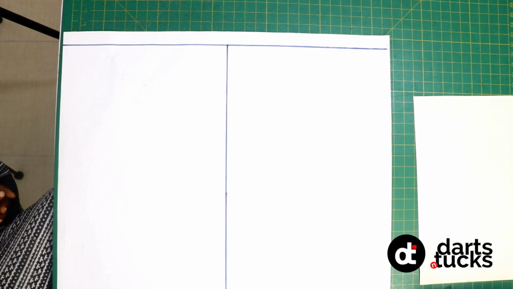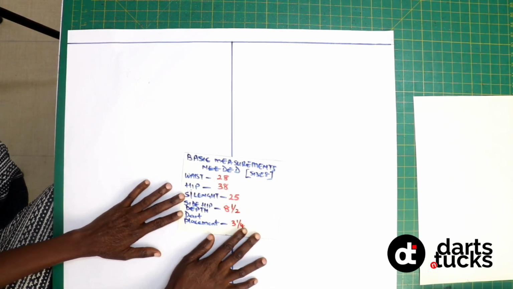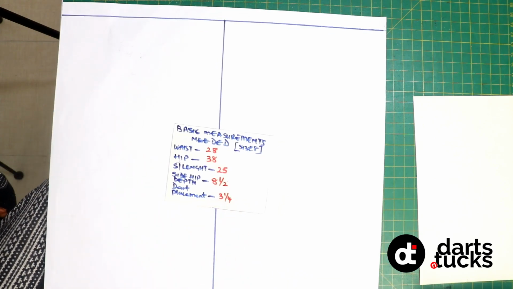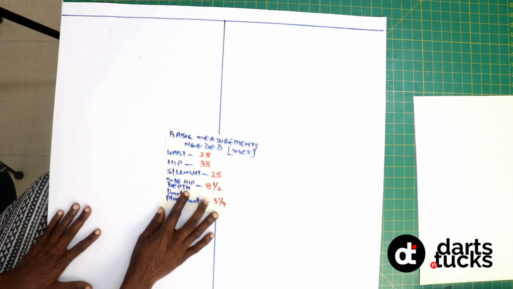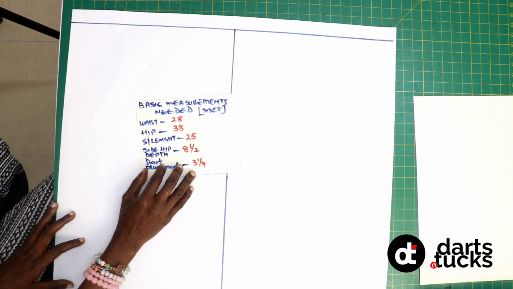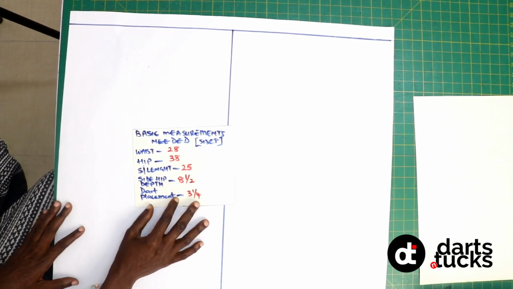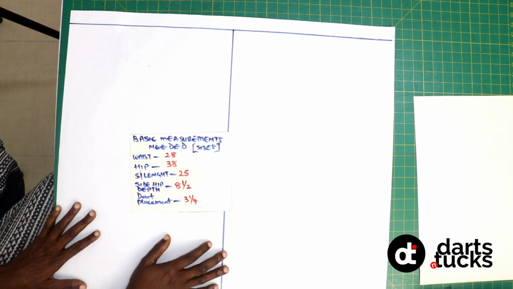These measurements are what I call the basic measurements. And I want to believe that we can see my screen. Yeah. So I have the measurements written down here. I would like to just tell you about the measurements and then we go into the drafting process.